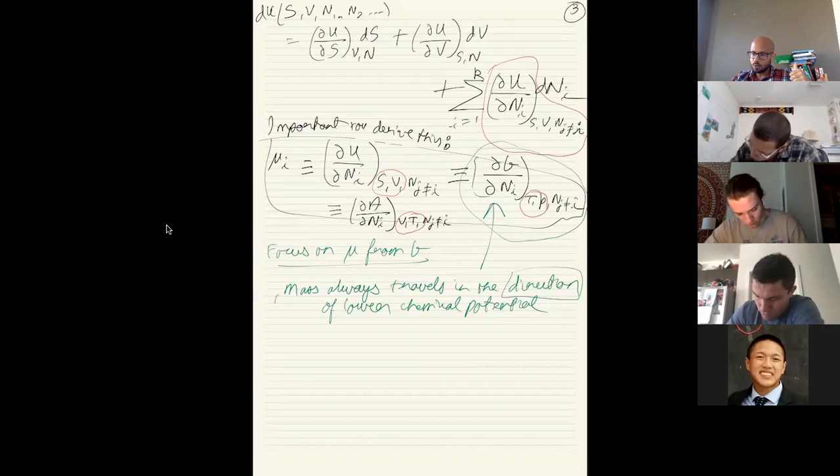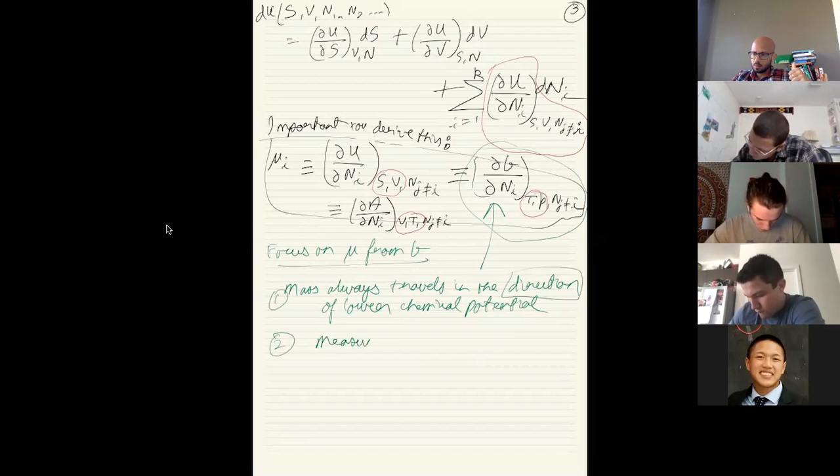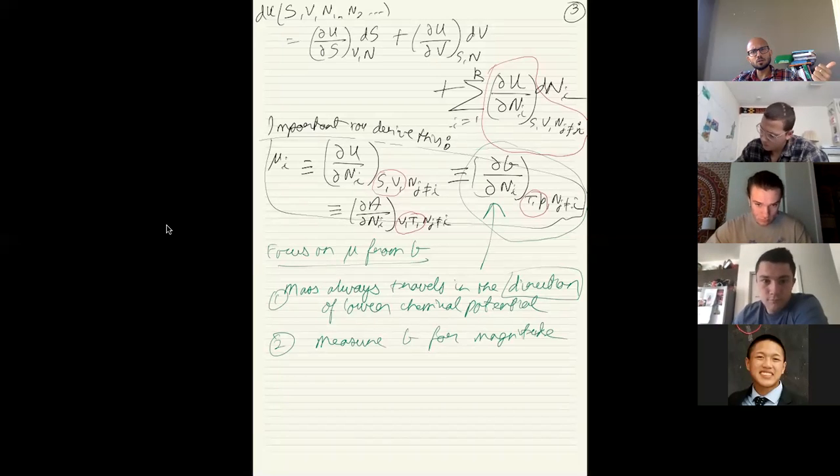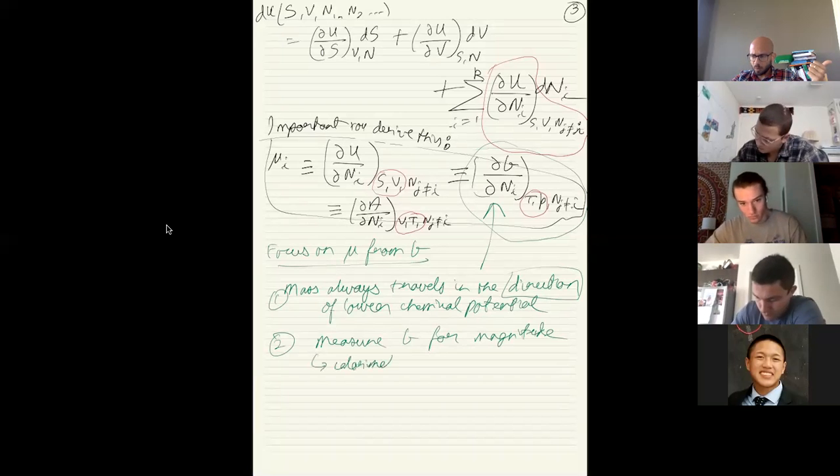If you really want to get the magnitude of chemical potential, then you have to measure G. Measure G for magnitude. How do you measure G? Well, calorimetry, right? That's why we derived all those wonderful relations. For example, and I'm just writing one way of doing it, there could be other ways. A calorimeter could give you CP, right?